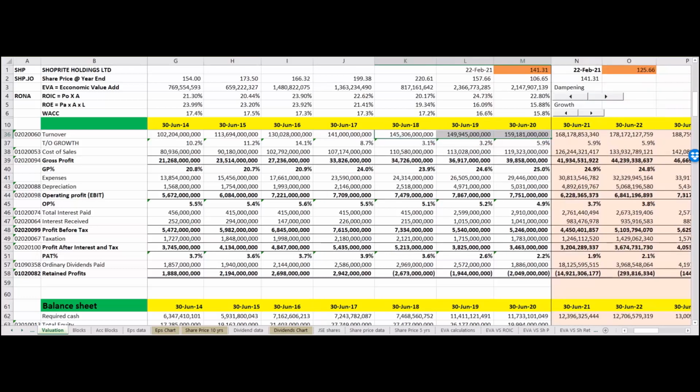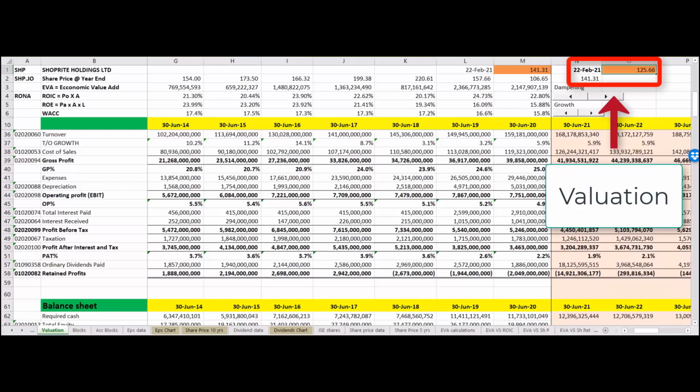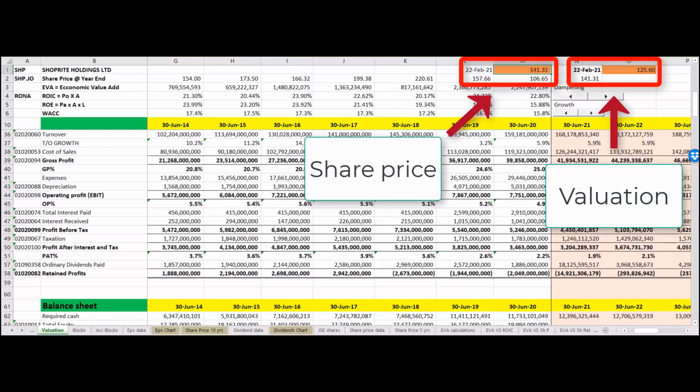And my little Excel spreadsheet does a calculation, a rough and ready of what is the value of ShopRite at the moment, and I have the value of ShopRite at 125, rough and ready dipstick, but the current share price, a little bit outdated here, this is the 22nd of February, is 141 Rand a share.